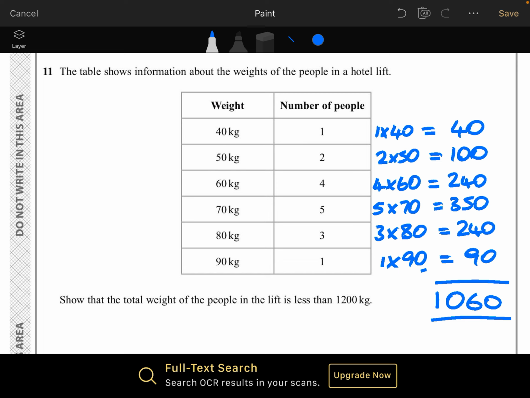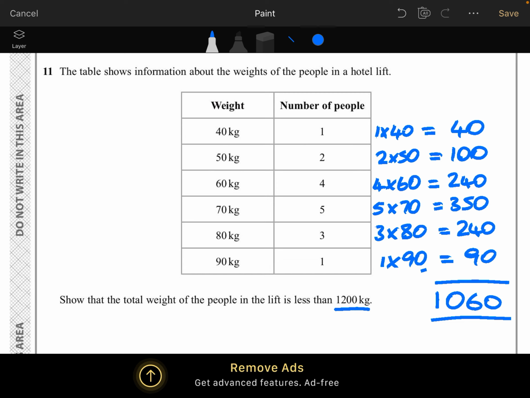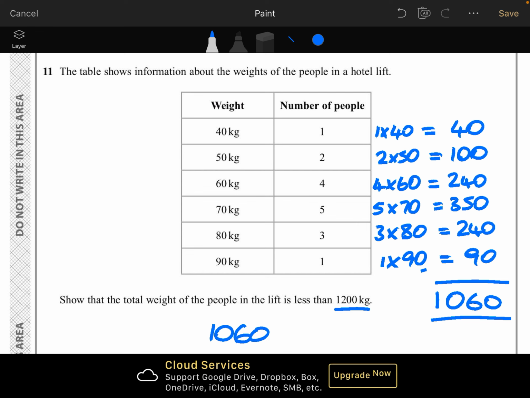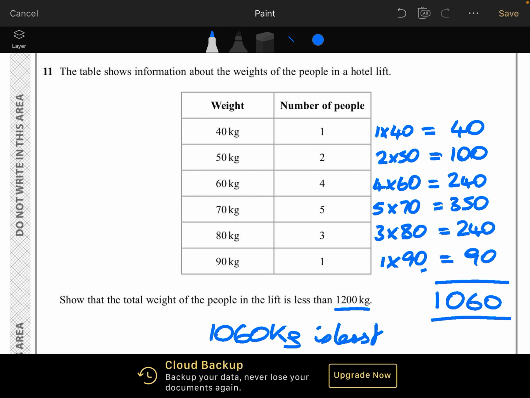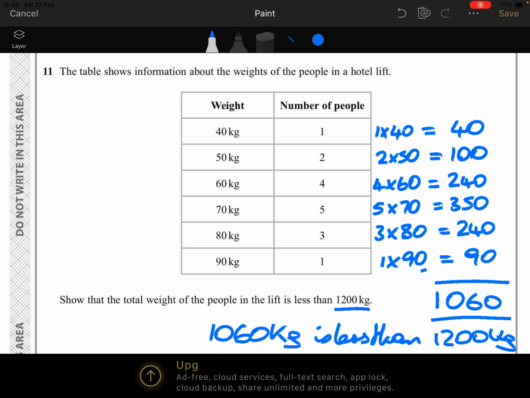Okay, and just checking that I agreed with that. That is less than 1200, so I would probably write something like 1060 kilograms is less than 1200 kilograms, just to underline the fact that I've worked that out correctly.